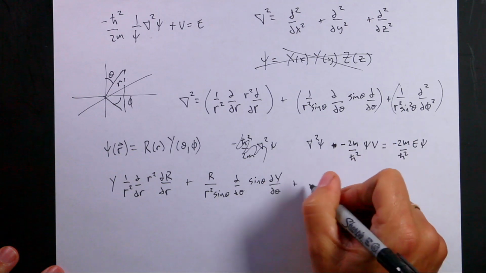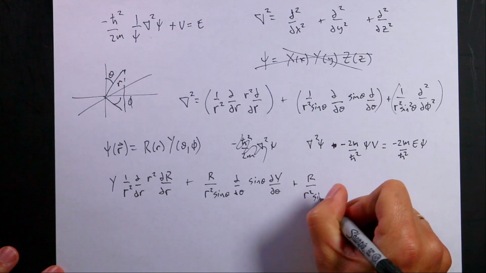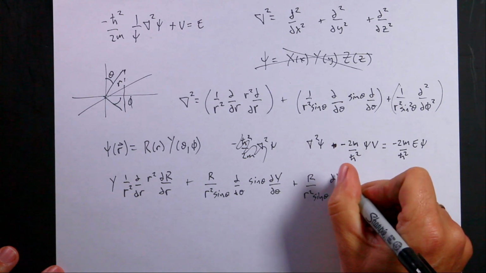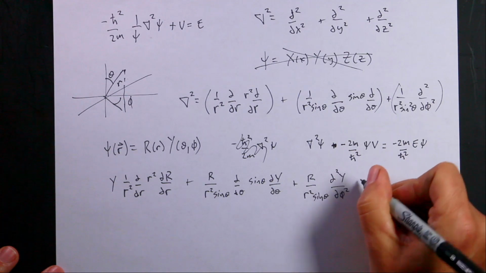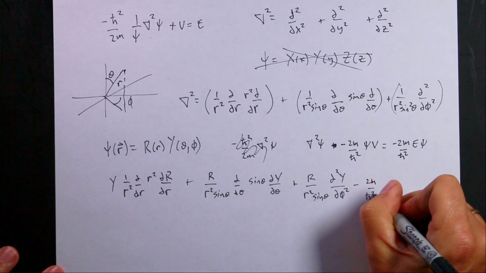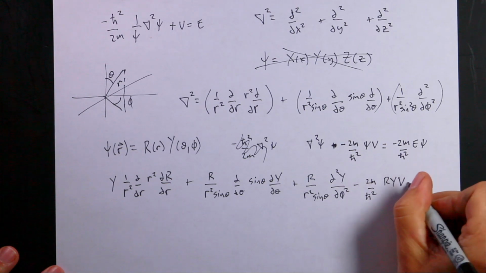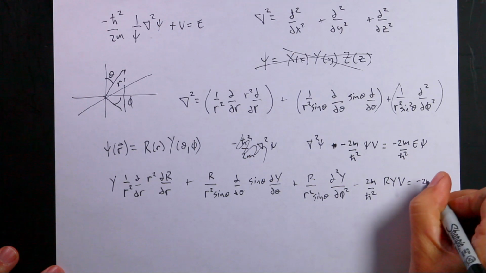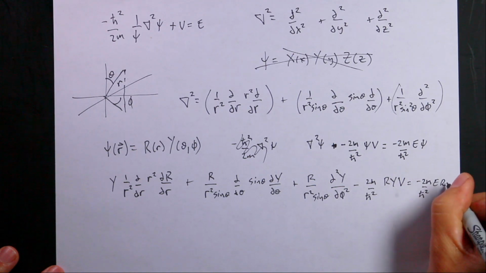I get plus r over r squared sine theta, second partial of y with respect to phi. And then I get minus 2m over h bar squared r y v equals negative 2m over h bar squared e r y.